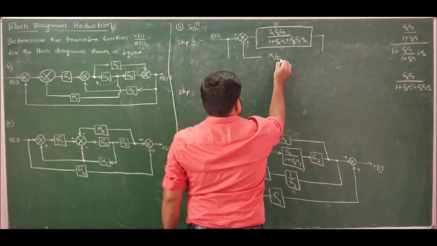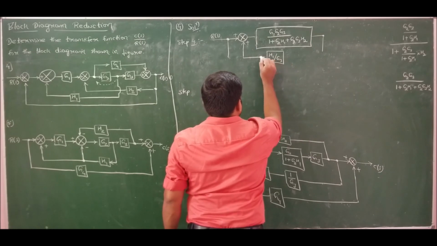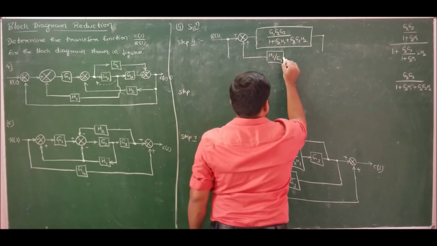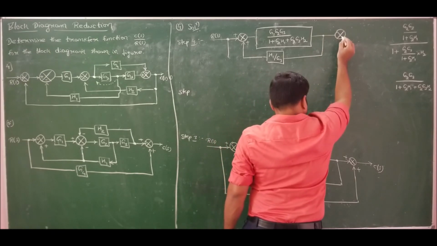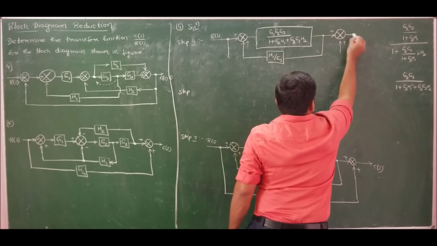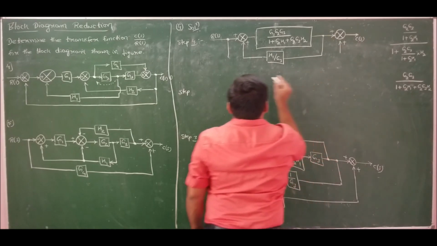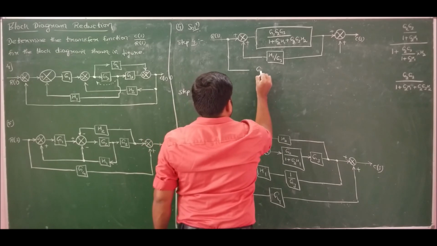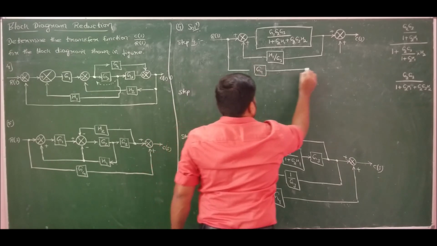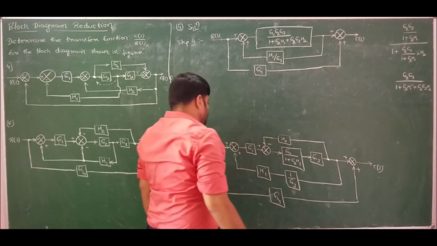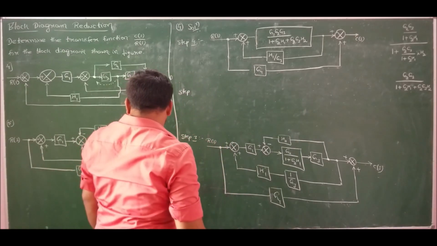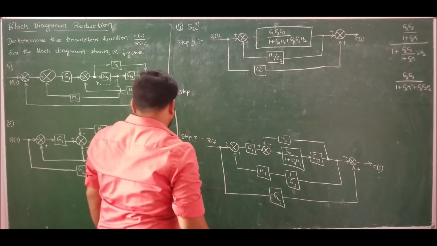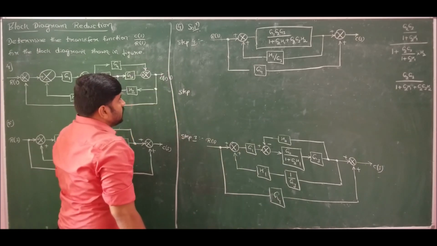H1 by G3 is the positive feedback we have, and we have one summing point, that is plus, C of S, that is block G4, which is in parallel with the main block. H1 is plus. So this completes step number 4.